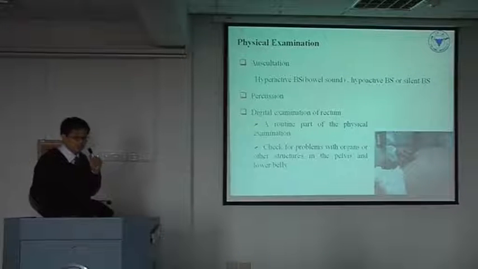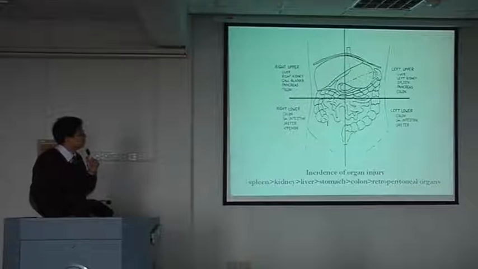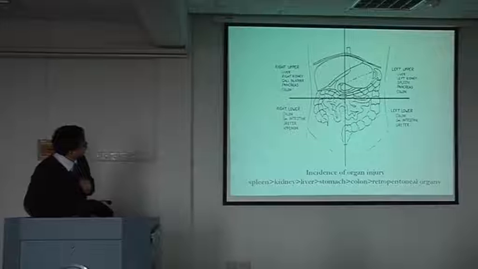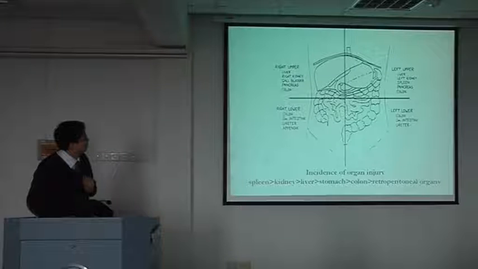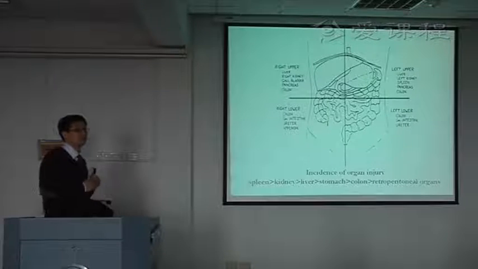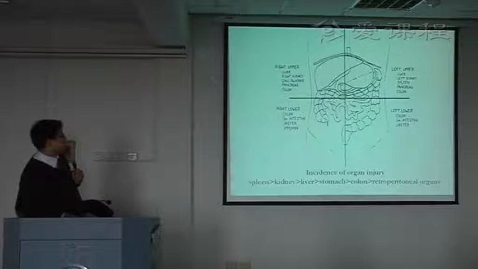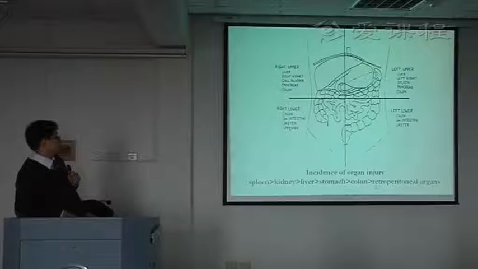Diffuse peritonitis. In the colon. Yeah, colon. Which part of the colon? Is it the transverse colon? Transverse colon. You know, the incidence of organ injury. What does it mean? You mean this area? Or the whole colon? That's the last slide. The highest incidence of organ injury is spleen, right? Spleen, and then kidney, liver, stomach, and the colon, because ascending and descending are also retroperitoneal organs.